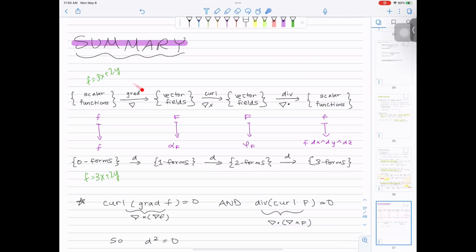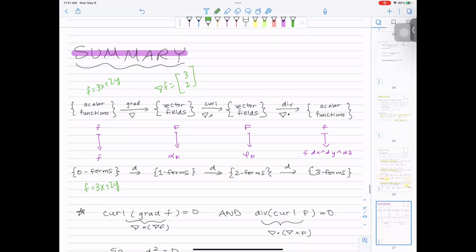If I wanted to take the gradient of this, what do I get? The gradient of f is 3, 2. So its corresponding one form, one forms have a dx and a dy, so I would say that it's 3 dx plus 2 dy. The two form has the two wedges.